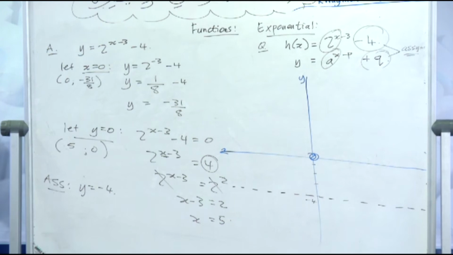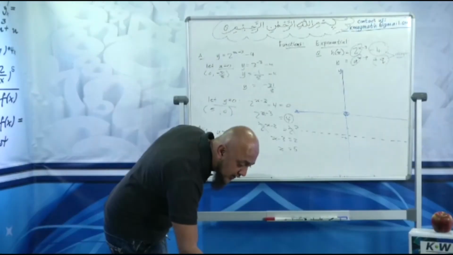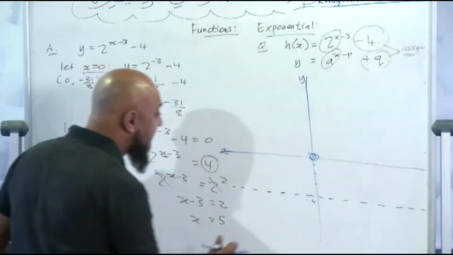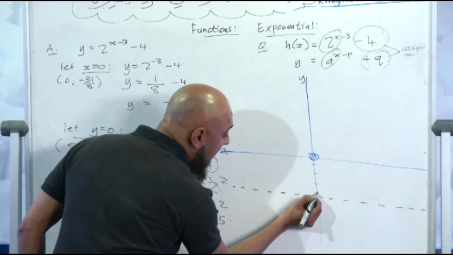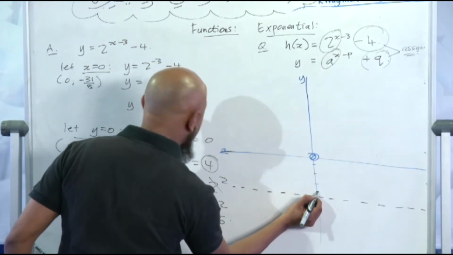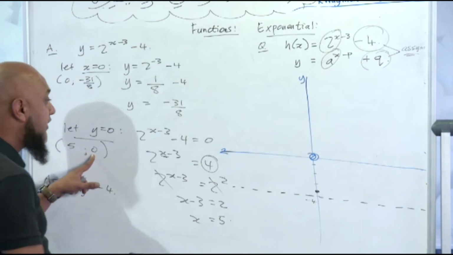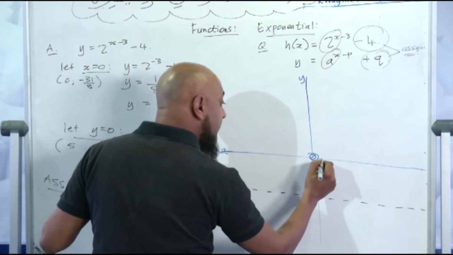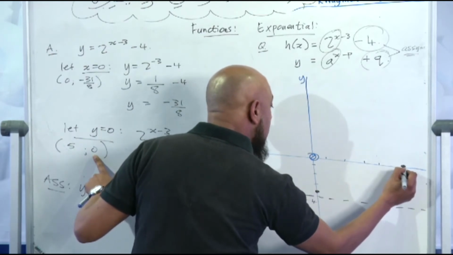Now you've got 0 and minus 3 and 1 over 8, so that would be there. So 0 on my x, minus 3 and 1 over 8. That's your first point. Your other point is 5 on your x and 0 on your y.